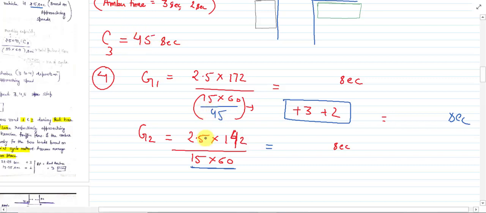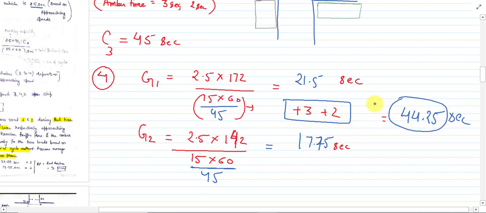Now we use 45, 45, and in this case we get 21.5 seconds for G1, 17.75 for G2, and the overall is 44.25, which is near to 45. But the 40 second trial cycle length is more accurate. So you can go with the C2 cycle length.